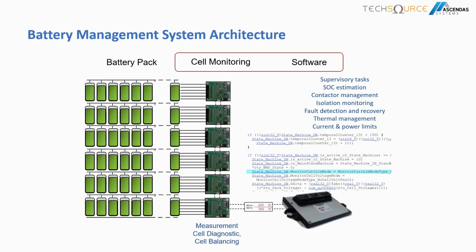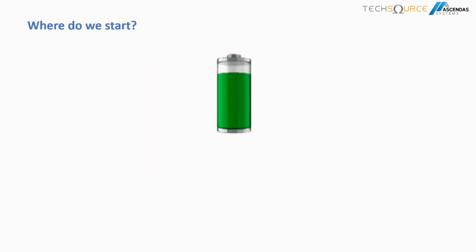There are two levels of simulation that we'd like to introduce to you. One is plant modeling, which is the battery pack, and the other is the development of the control systems, which is the battery management system. So how do we start, or where do we start? I guess that's the question.